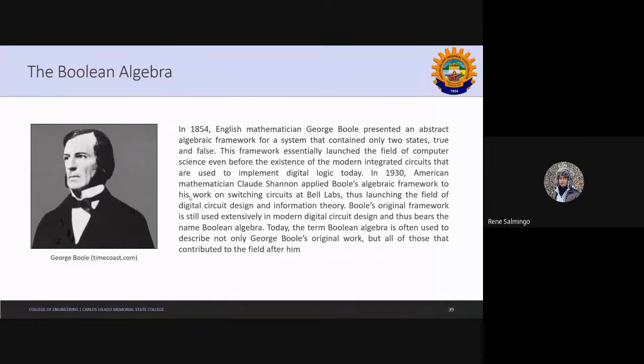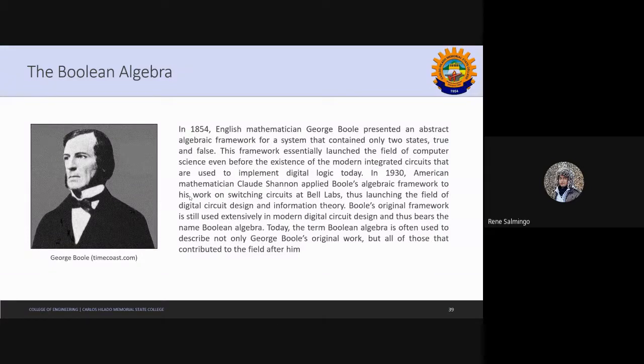And after this, it was developed by the American mathematician Claude Shannon, who applied George Boole's algebraic framework in his work on switching circuits at Bell Laboratories. The launching of the field of digital circuit design and information theory was based on Boole's framework.